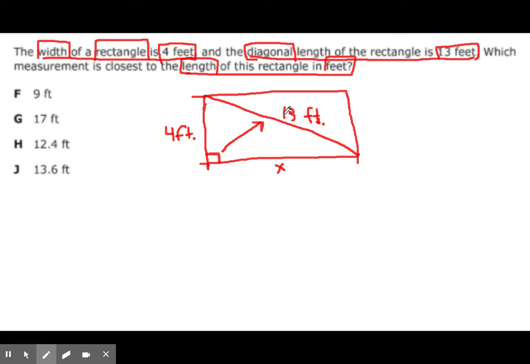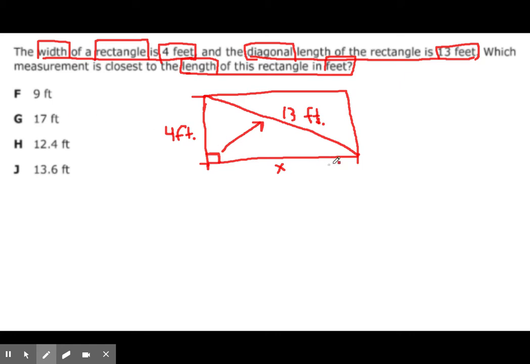So if I know the hypotenuse, or the longest side in this right triangle, is 13 feet, I know that this distance right here cannot be more than 13 feet. So just by knowing that, before I've done any math, if I look at my answer choices, any answer choice that is bigger than 13, I can get rid of. If I look at answer choice G, it's saying 17 feet.